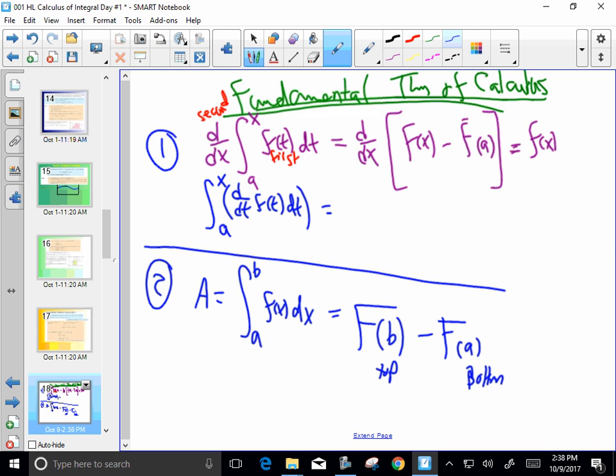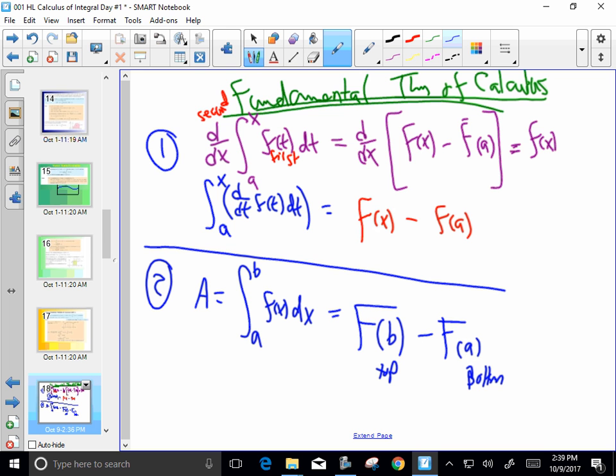When I take the derivative last, what happened to the constant? Disappeared. But what do you think happens when I do the antiderivative last? You're going to get f of x minus f of a. It's included. So it's not quite just as simple as saying f of x. If you take the derivative last, you're in good shape. But if you take the antiderivative last, not the case. So that's the fundamental theorem. Derivative, antiderivative, hand in hand, inverses kind of.